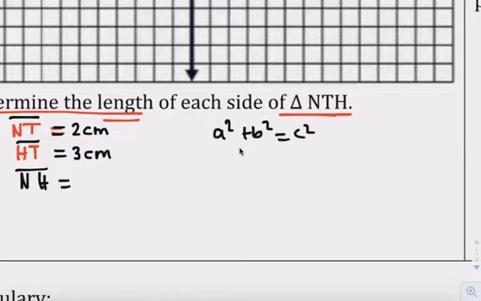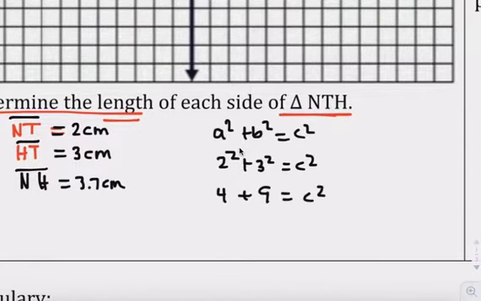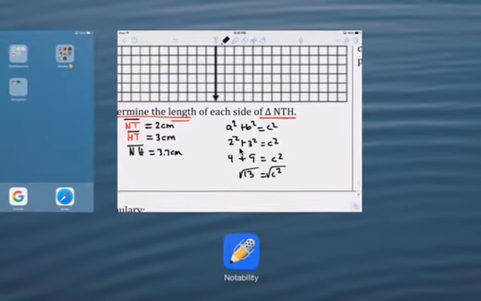It's 3.7. Let's do the Pythagorean Theorem and check, make sure it's close. 2 squared plus 3 squared equals C squared. 4 plus 9 equals C squared. 13 equals C squared. The square root of 13.